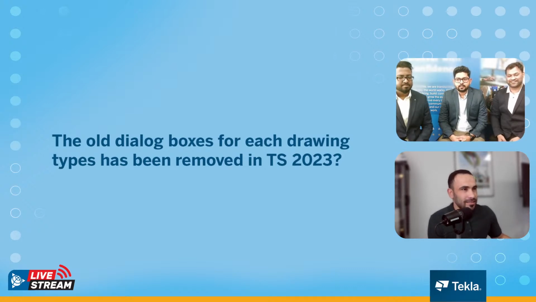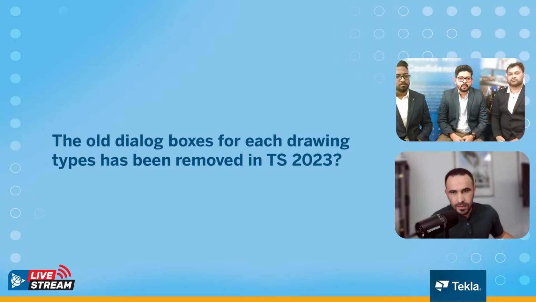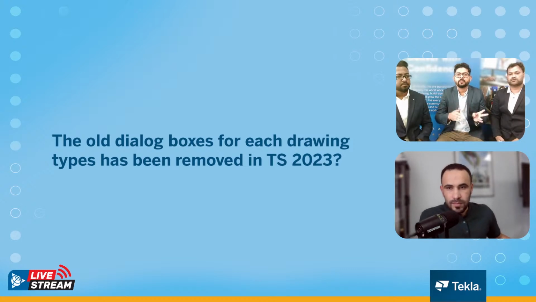The old dialog boxes for each drawing type have been removed in Tekla Structures 2023. Yeah, I think I can take that because it's from the drawing side. With the new introduction of the property pane in the drawing side, similar to the one we have done in the model side, all the properties are now available in the drawing property pane, so you don't need those old different dialog boxes for each object type.